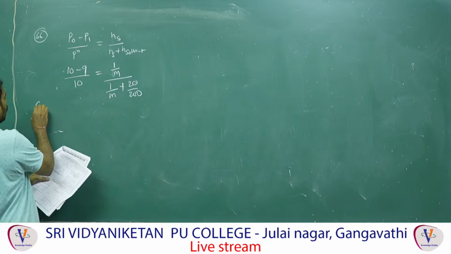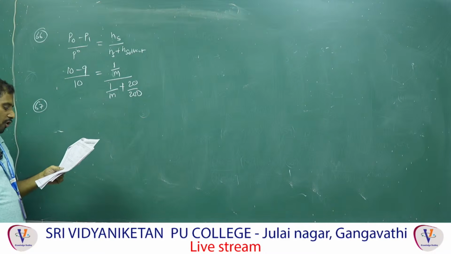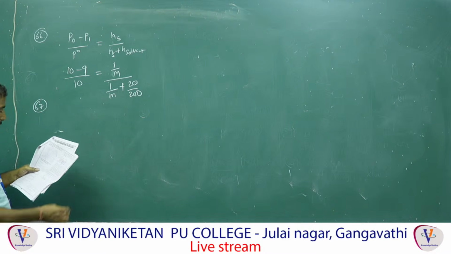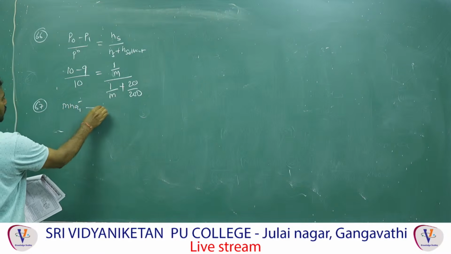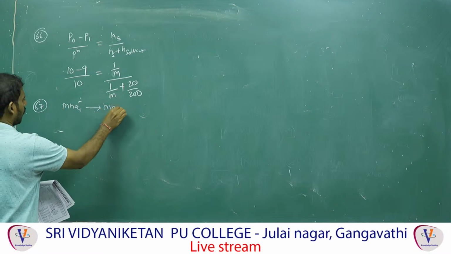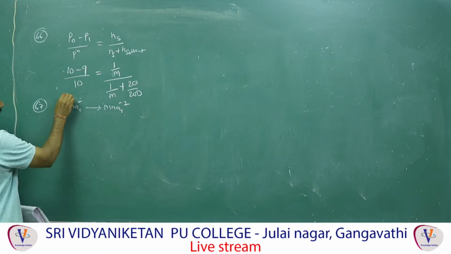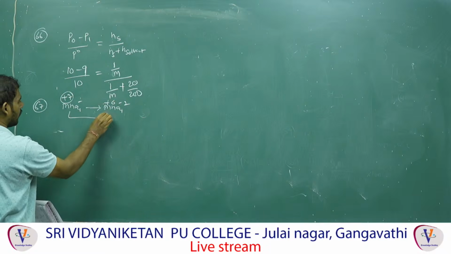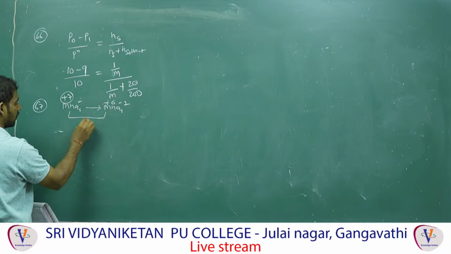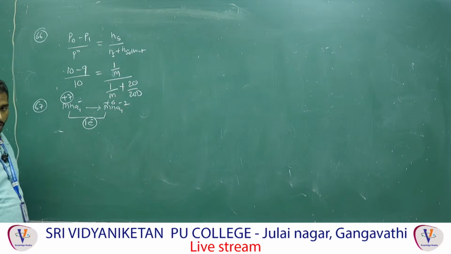Next one, question number 67. MnO4 minus 2 is oxidized to MnO4 minus. The oxidation state is 7 in one and 6 in the other. The change in the number of electrons is 7 minus 6, that is 1. That means 1 electron will be transferred here.